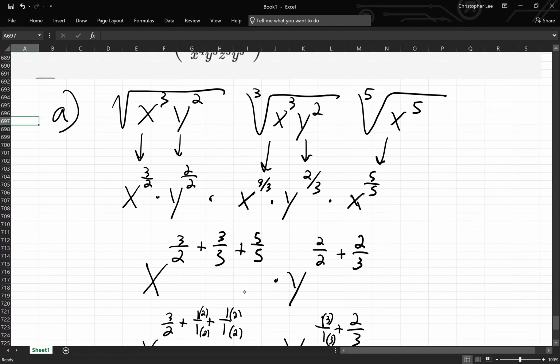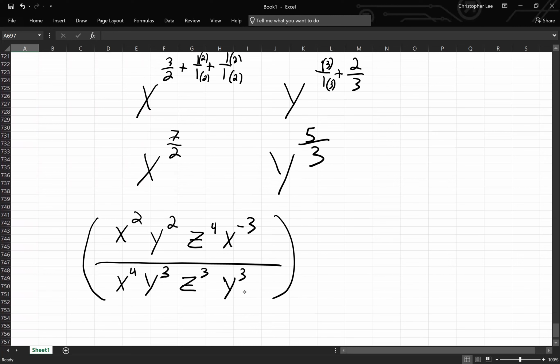What's that power that's there? -2 power. Okay.